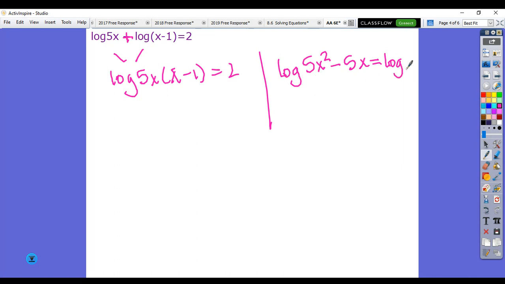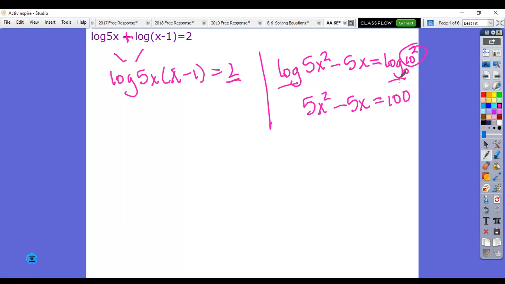And if this is base 10, that means this is 10 to the power of 2. And as soon as the logs are the same on each side, we just set the quantities equal to each other, and 10 squared is 100.